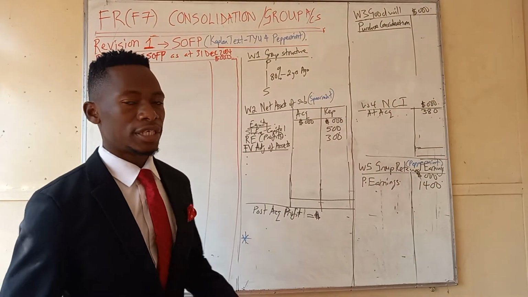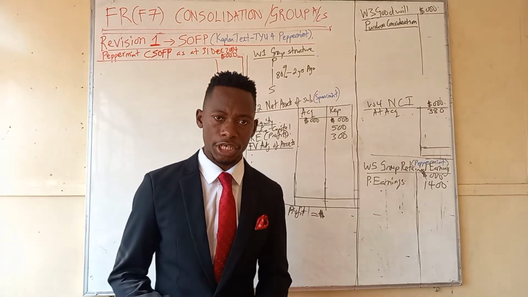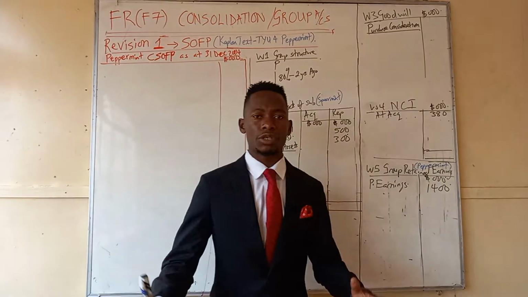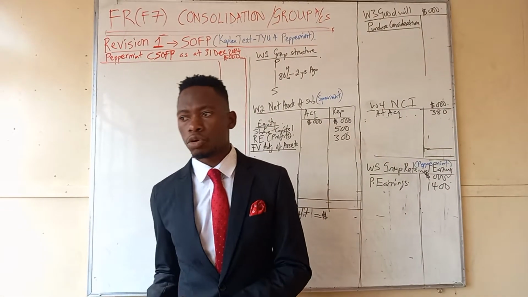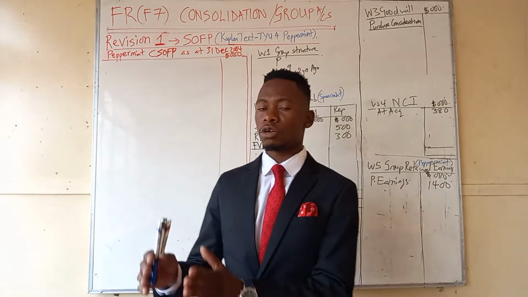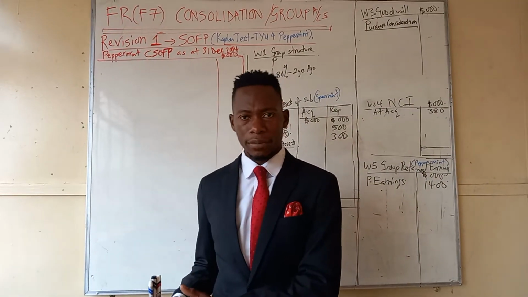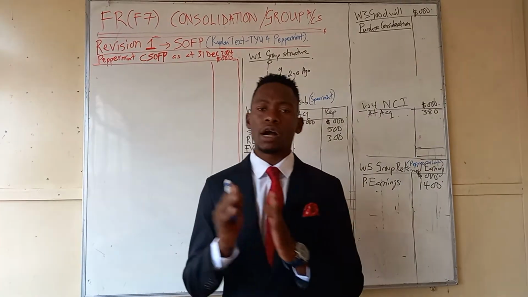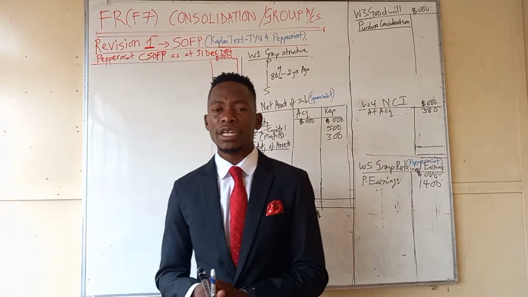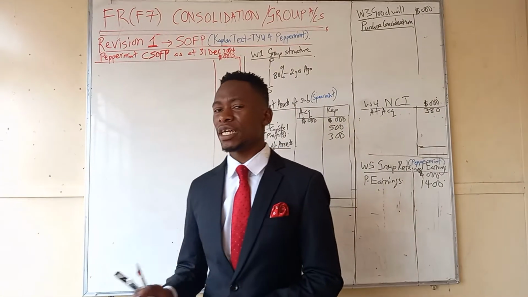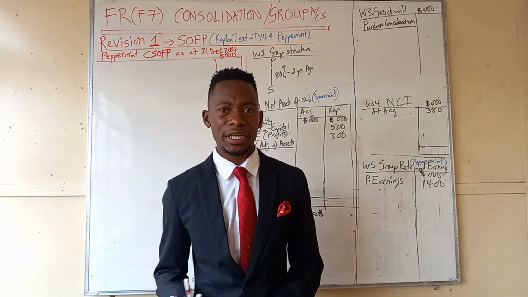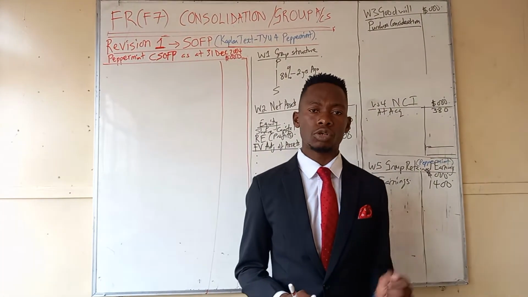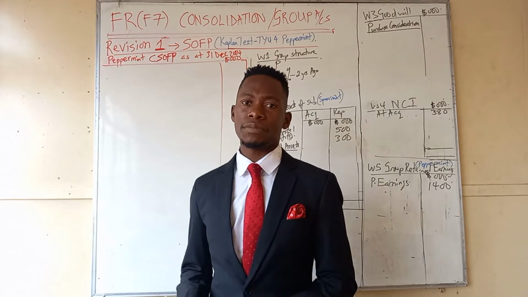We want to do the statement of financial position. Consolidation means adding together. So we want to consolidate the financial statements of a certain company, for example, company A and company B. When a company acquires another entity and gains control, that company is called the parent, and the company being controlled is called the subsidiary.